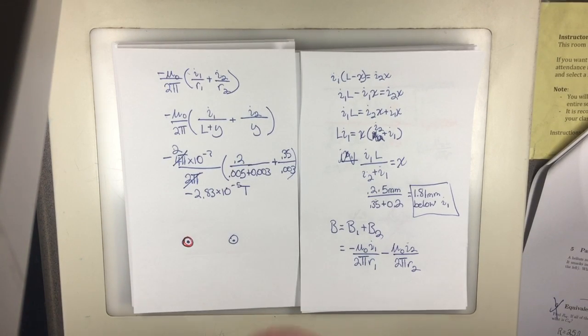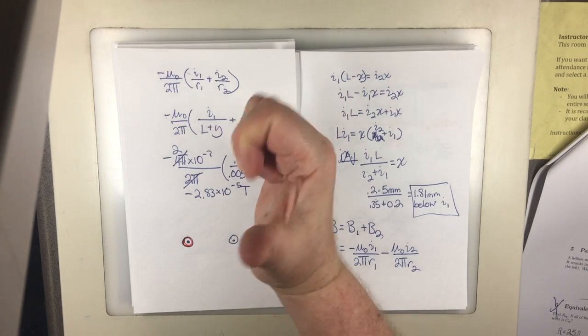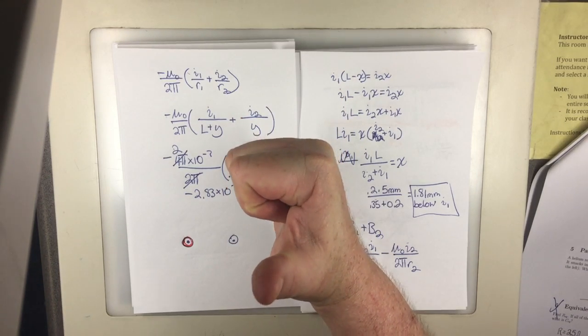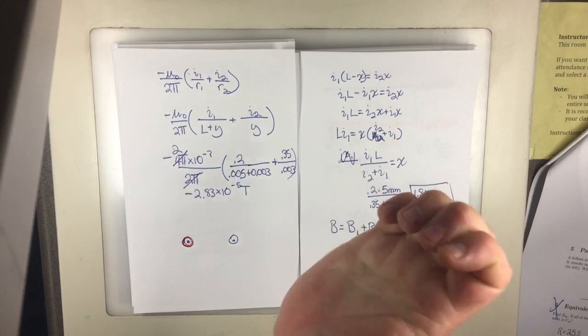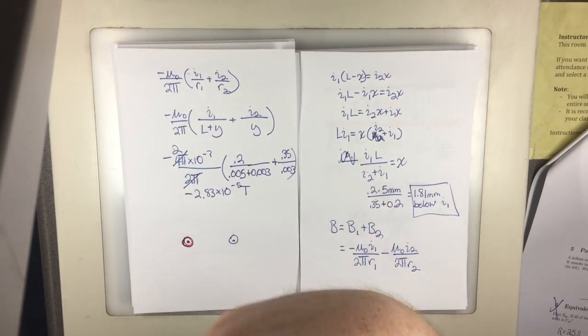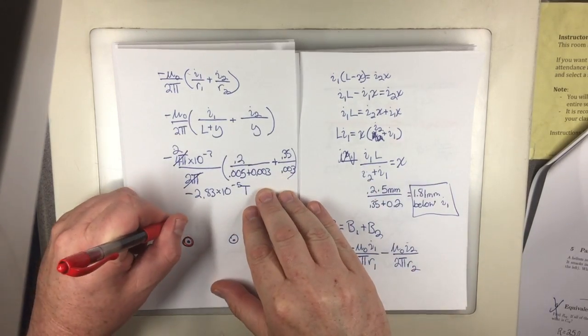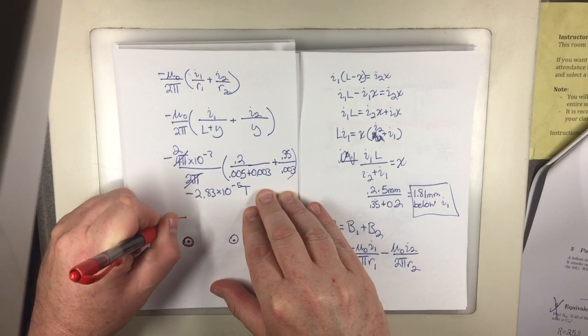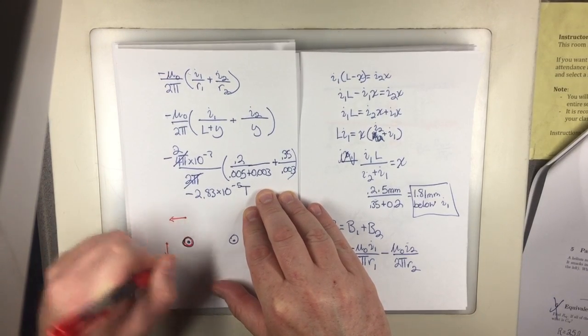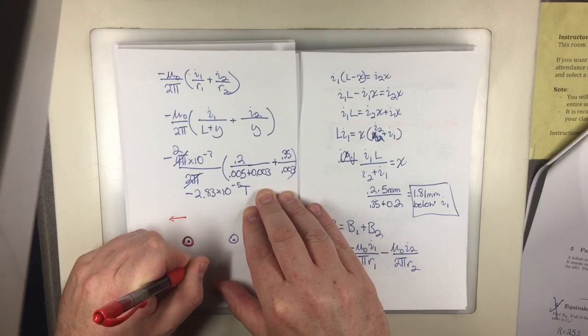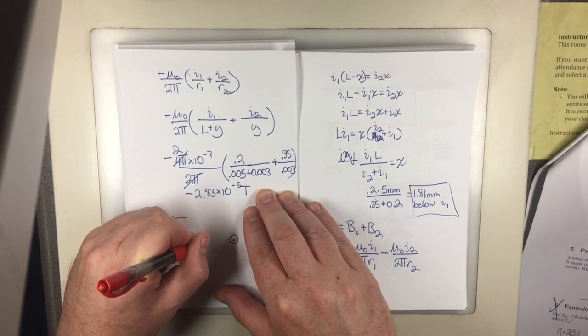To get the B field direction, put your thumb in the direction of the current, which is directly out of the page, and then the current wraps around it. So the B field from red at that point is this, that, and that.